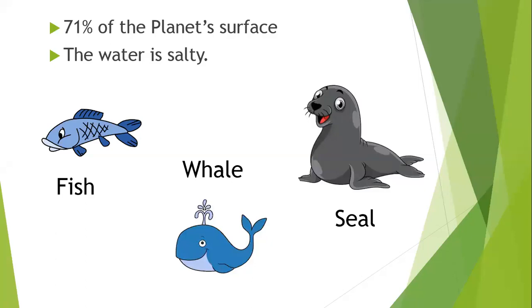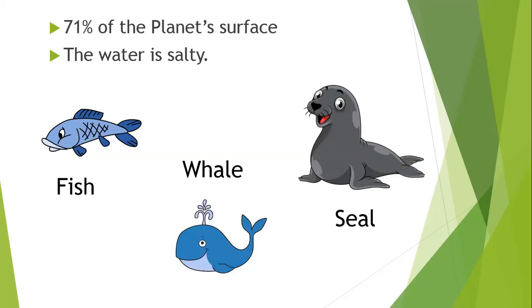All right. What does it mean to say that it's salty? Well, the water has salt in it. Okay, that's different from fresh water. Fresh water is what we see in rivers, lakes, okay, maybe ponds, all right? But in the ocean, we have salty water.